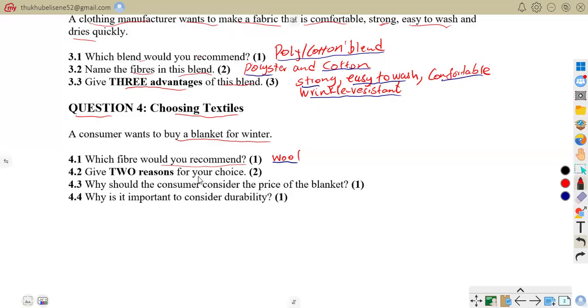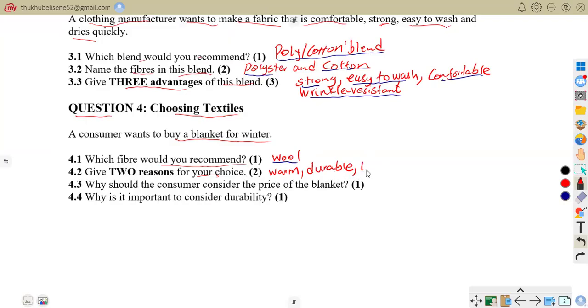Give 2 reasons for your choice. Why are we saying wool? Because it is warm. It helps keep the body warm. Also, the other reason would be durable, can last for a long time.